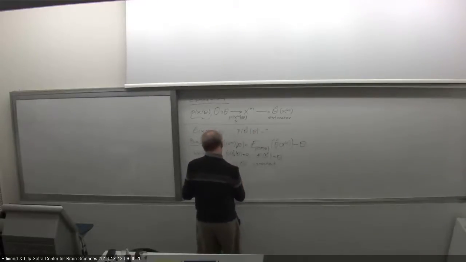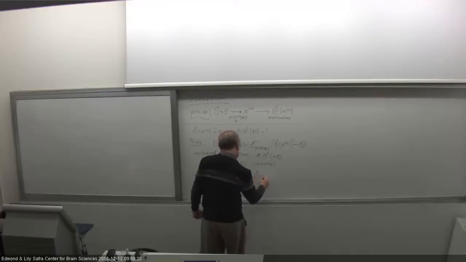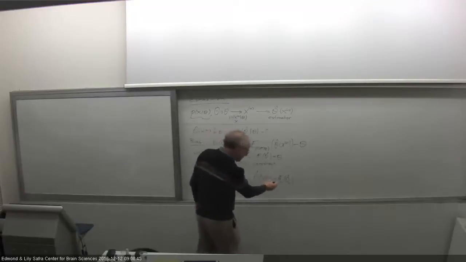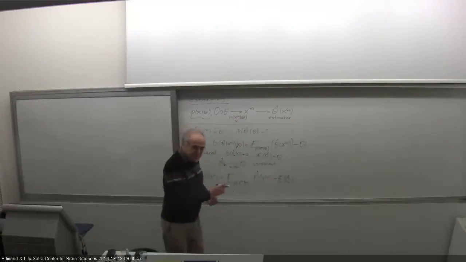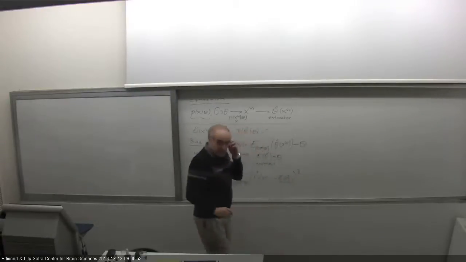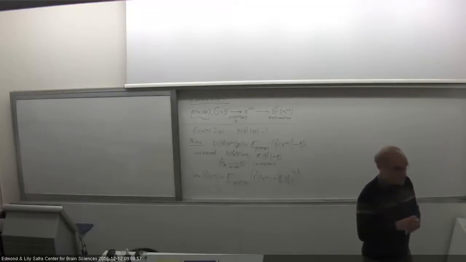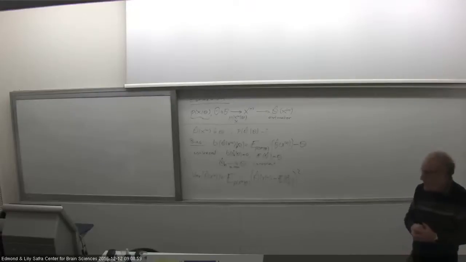It's the expectation with respect to all possible samples of the square of the estimator minus its expectation. When I write n, this is just short notation for the estimator from n samples, squared. So it's just like every variance. It's the expectation of the square deviation from the mean.